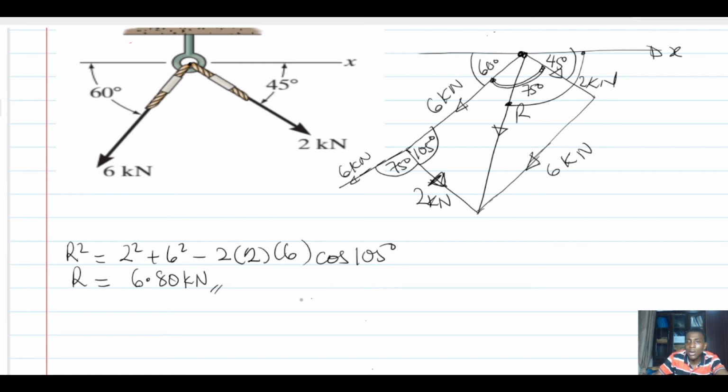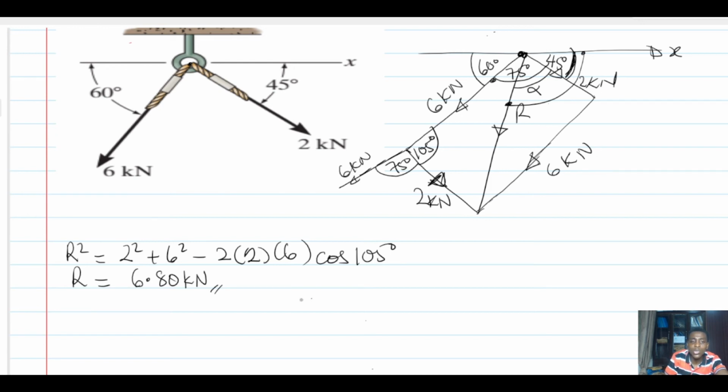I know that this angle right here is 45, and the 75 is the total angle right here. Now I want this small angle here. Let me call it alpha.